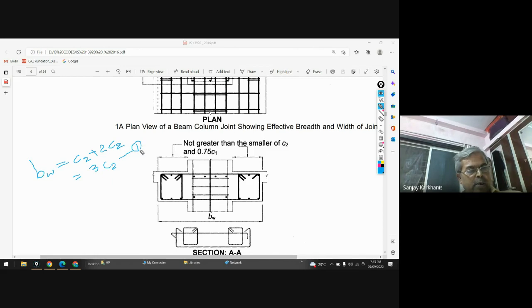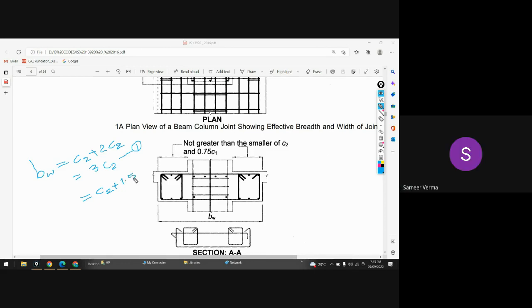The second calculation will be equal to C2 plus 0.75 times C1 on this side and on this side. That means it will be 1.5 times C1.